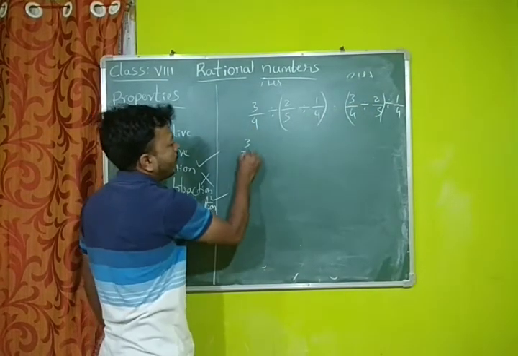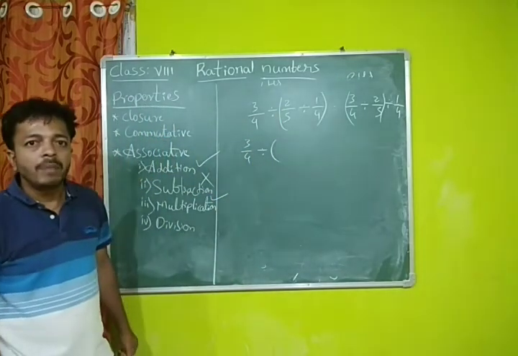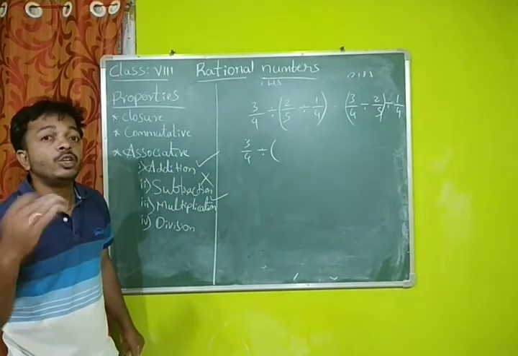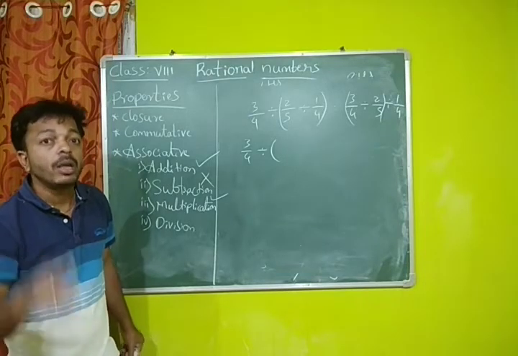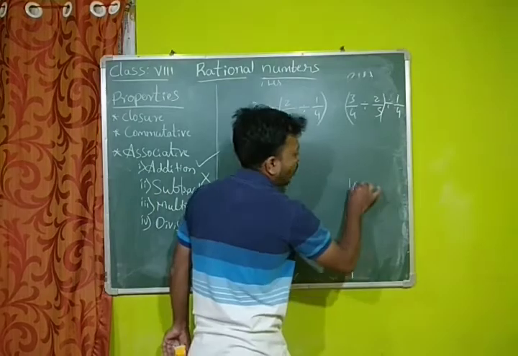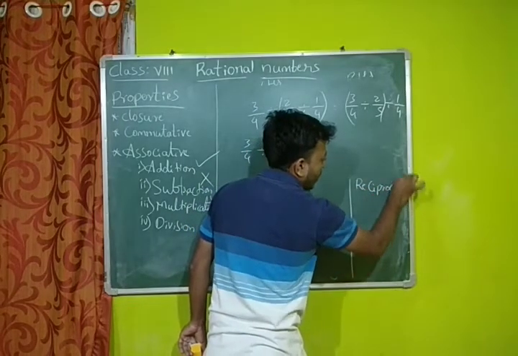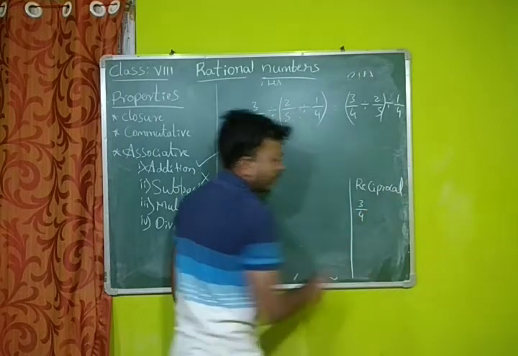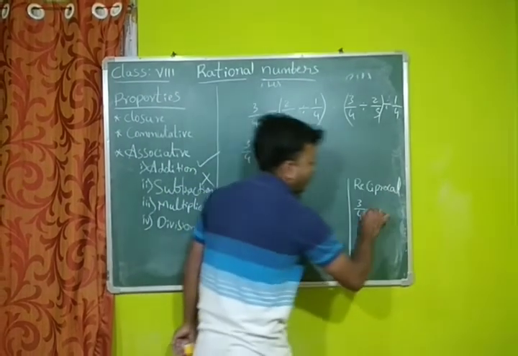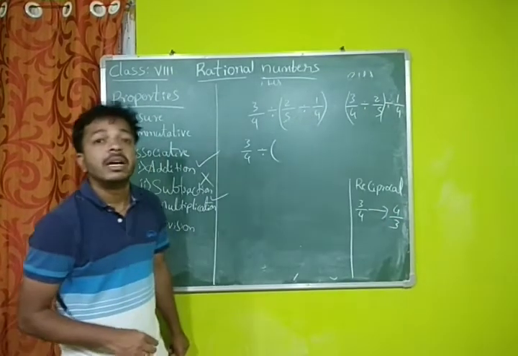Now 3 upon 4. So here, to change the division sign to a multiplication sign, what should we do? Yes, reciprocal. One word I used here: reciprocal. Reciprocal means what? The reciprocal of 3 upon 4 is 4 upon 3. This is called the reciprocal.